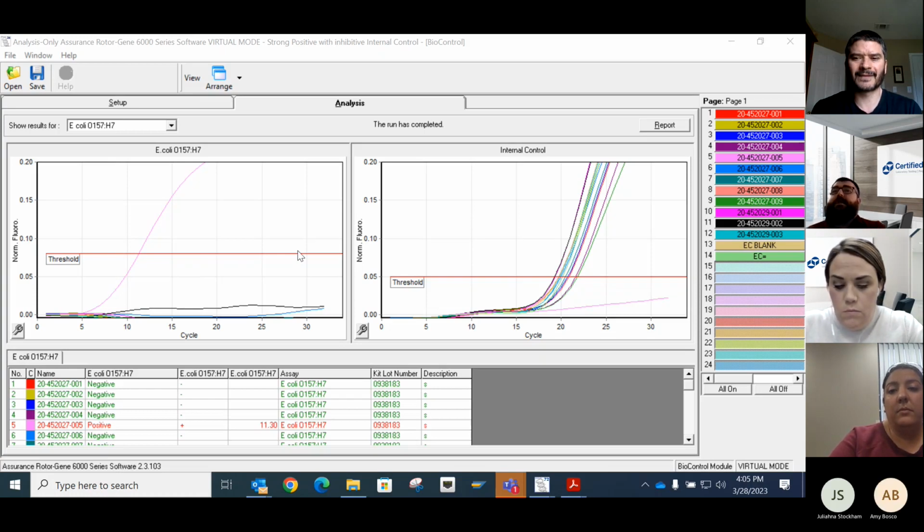So with that, Rodney, you're saying we can have valid positives without it being above the threshold on the internal control, basically. Correct. As long as the target window is valid, which is what we went over earlier. Remember, this only validates negatives.